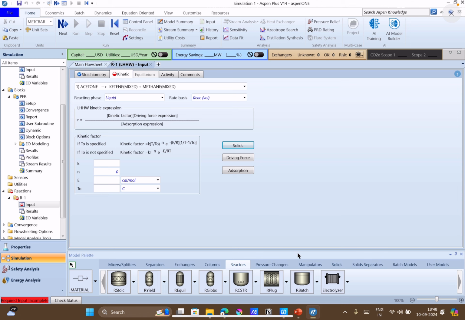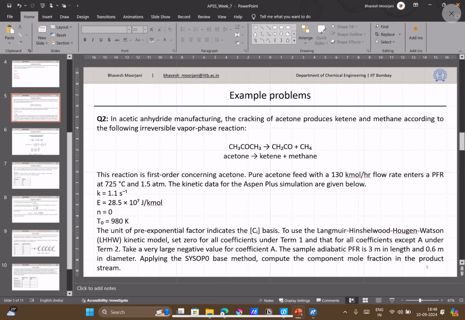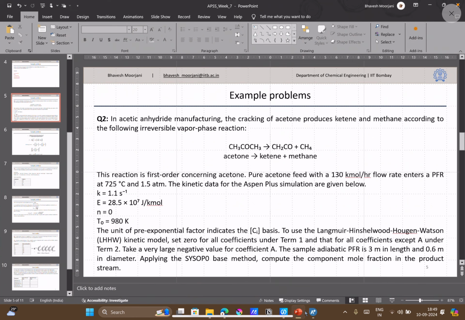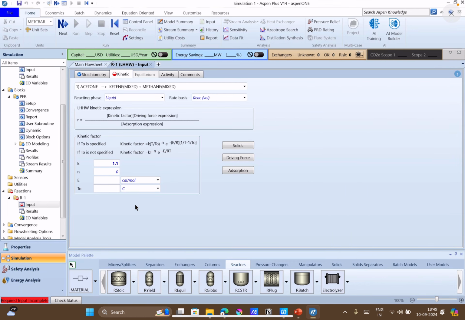Okay, now we have been given the kinetic data. The rate constant is 1.1 per second. We will specify that. The n value is given as 0. Activation energy is given as 28.5 into 10 to the power 7 joule per kilomole.